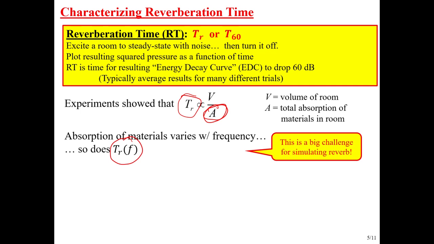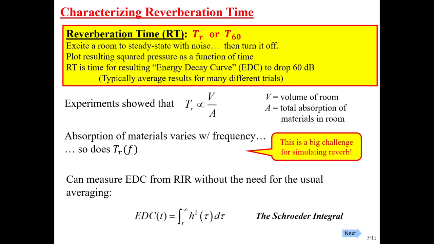So at certain frequencies, it's going to drop down by 60 dB at a different time rate than at other frequencies. But we've got this energy decay curve. That's just a function of time. So we're not able to see that. So we can come up with something else, another way of characterizing that.